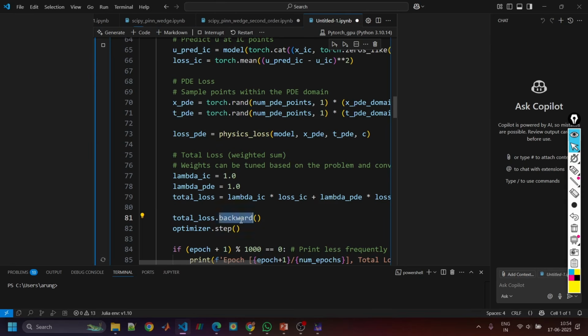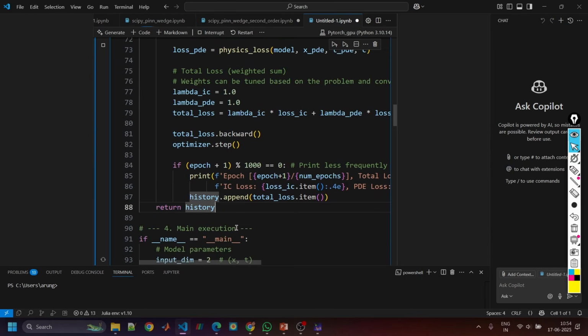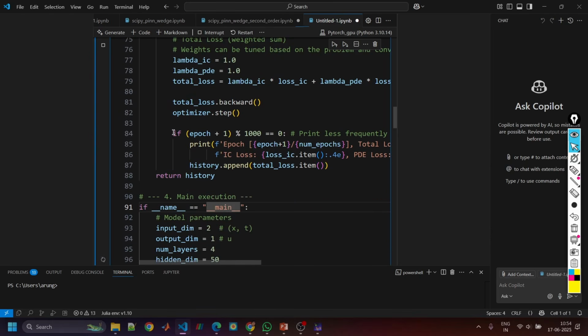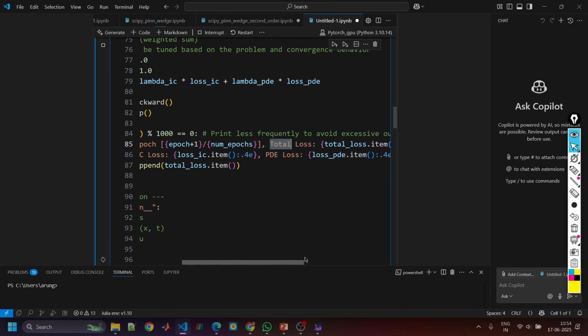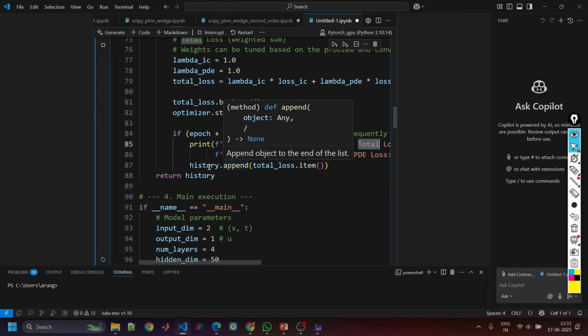That's what we are doing here. Then it will move to the next iteration. Then we print the epoch, initial loss, PDE loss and total loss. This command just appends the losses to the history array.